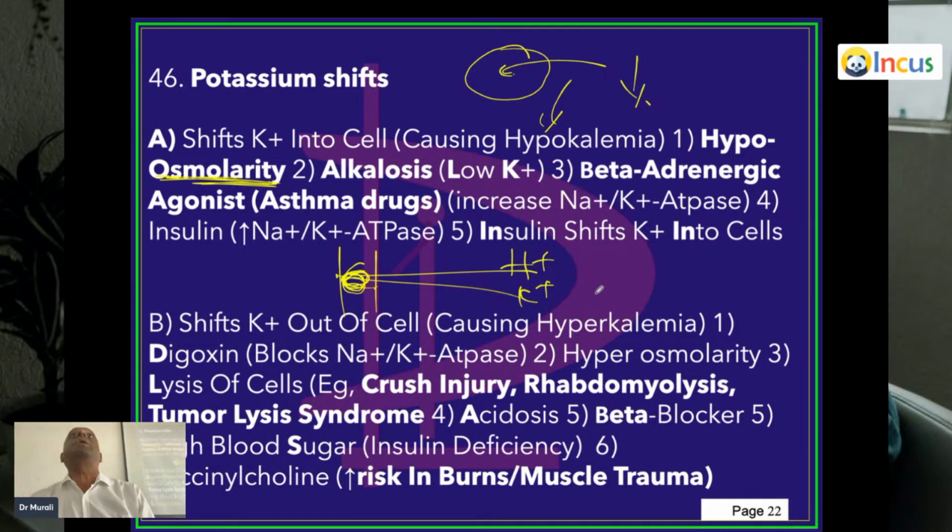Whereas acidosis, what will happen? H plus ion will be more. It won't let the potassium enter into the cell due to competition. So potassium remains outside the cell in the plasma. Hence acidosis is equal to hyperkalemia. Alkalosis is equal to hypokalemia. That is what you need to remember.